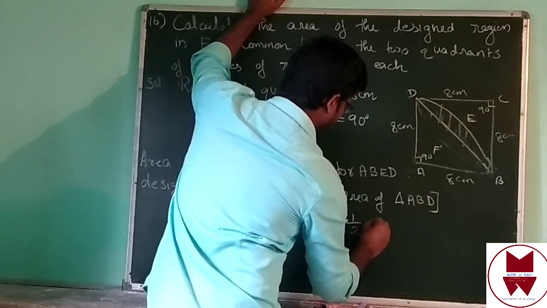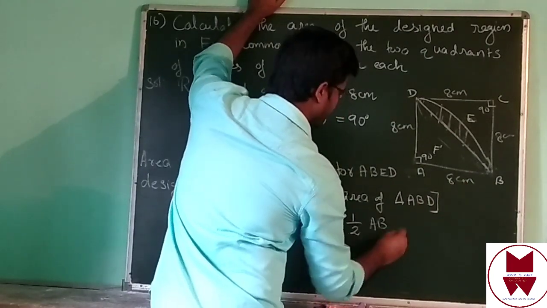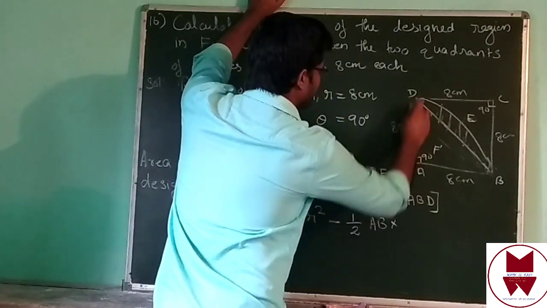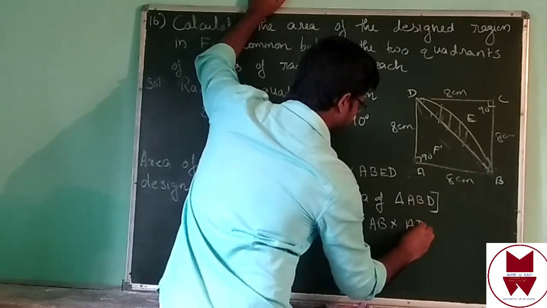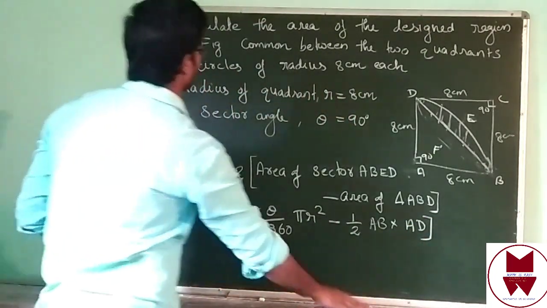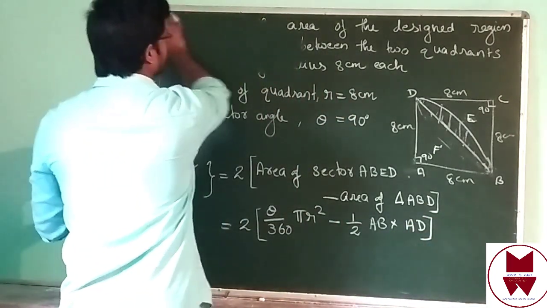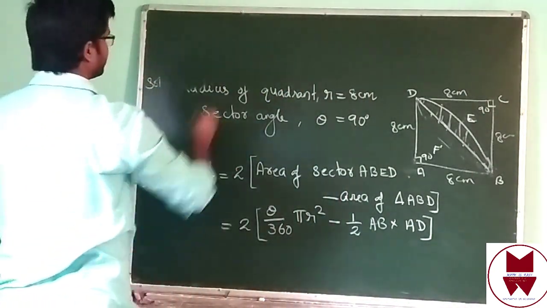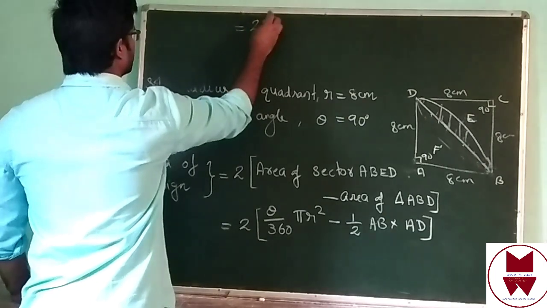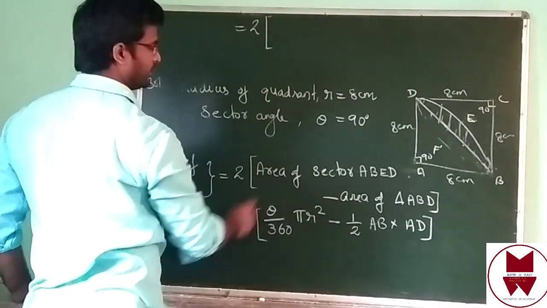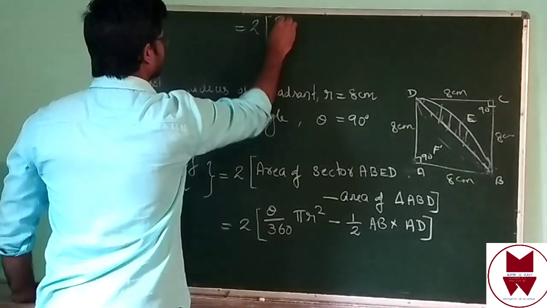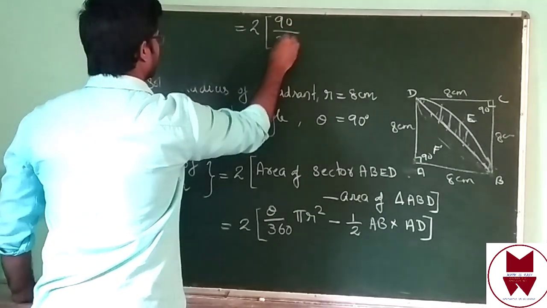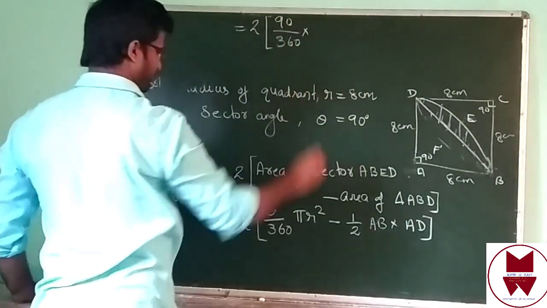What is base in here? This side, that is AB, into height. Height means AD. Two into theta. Theta already we have, 90 degree, by 360 into pi r square.